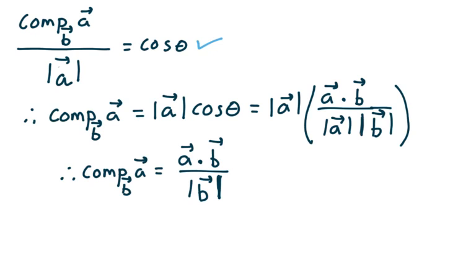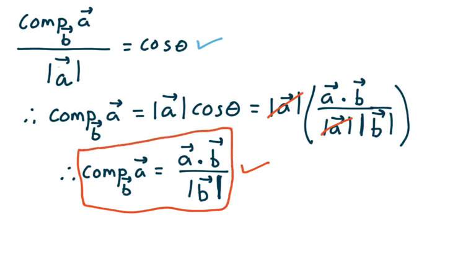But cosine of theta is the dot product of A and B divided by the magnitude of A times the magnitude of B. And if you notice, the magnitudes of A cancel, and what we have left is the scalar projection of A onto B is the dot product of A and B divided by the magnitude of B. So this is the first formula that we derive.